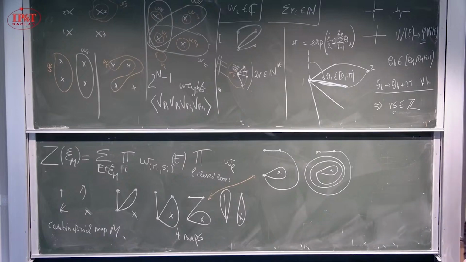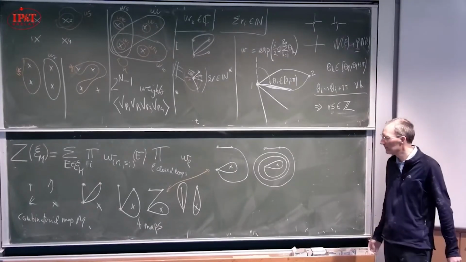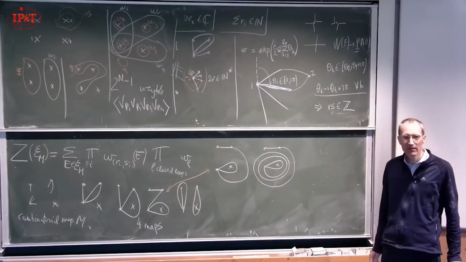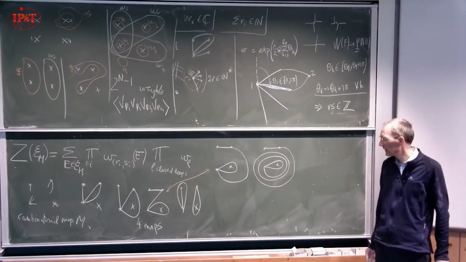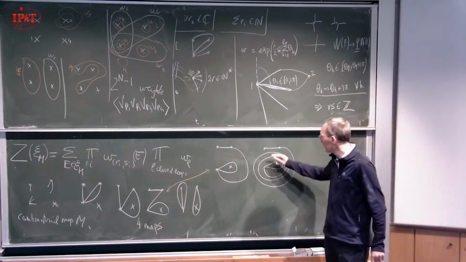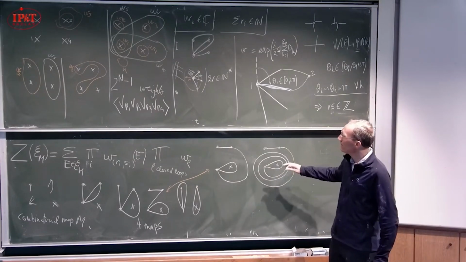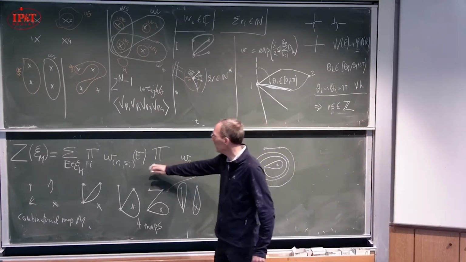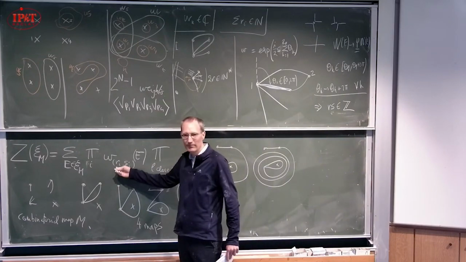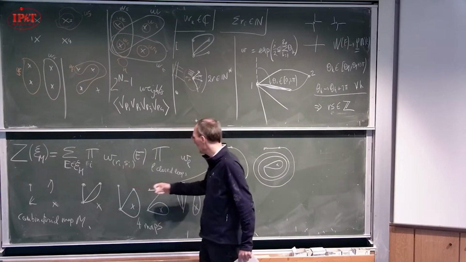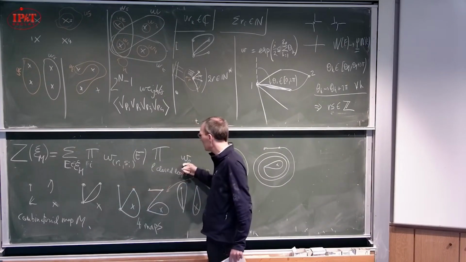Well, maybe we can discuss it later. Does this configuration come with extra weight, since you are surrounding a puncture? The point is that here my weights are only the ones I wrote: a local weight at each vertex, depending on the angles, and a weight for each closed loop.